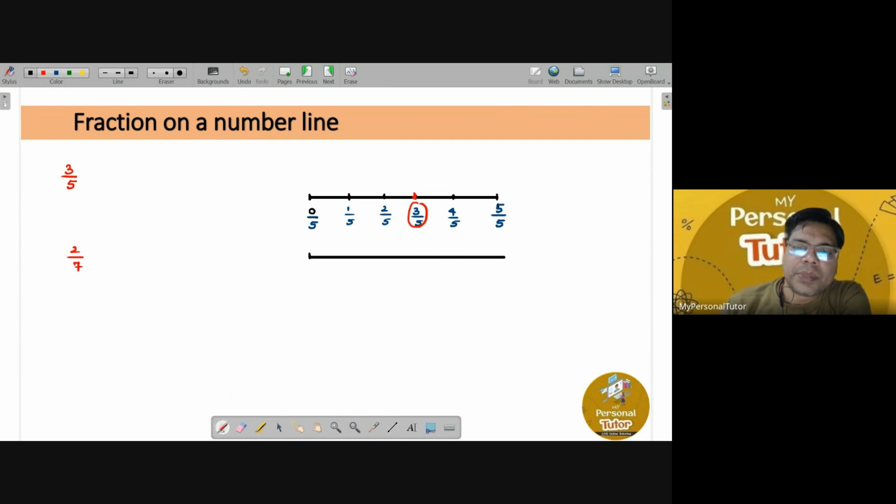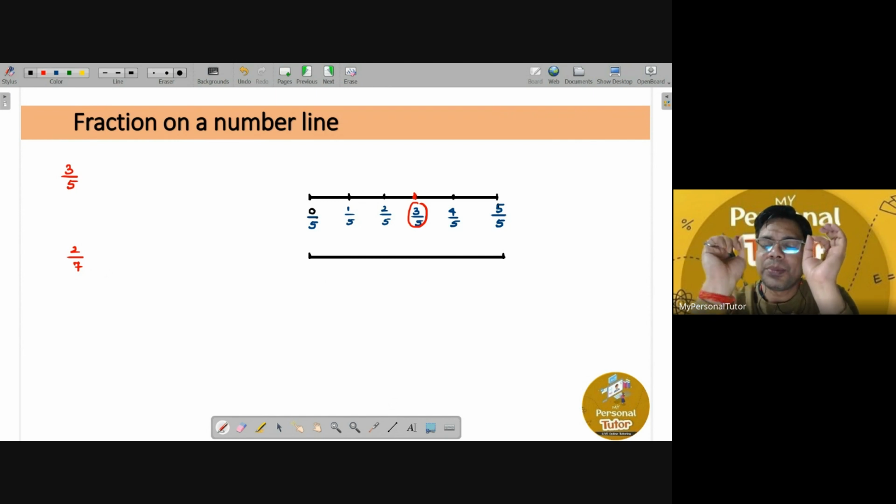Now in the beginning, this is 0 and this is 1. Now this number line, how many parts I will divide it? Tell me. Yes, 7. Why 7? Whatever the number is there in the denominator, so here it is 7, right? So we will divide the number line between 0 and 1 into 7 equal parts.